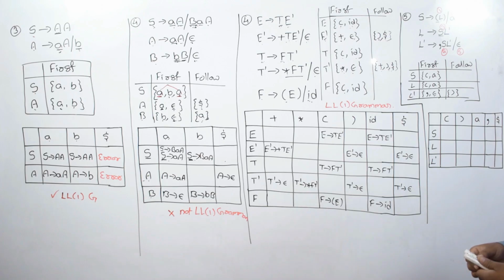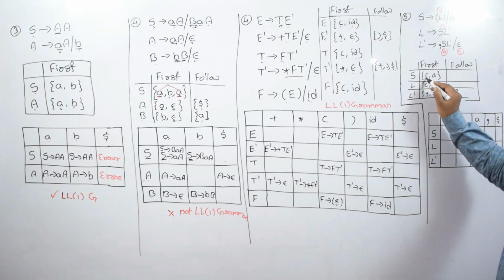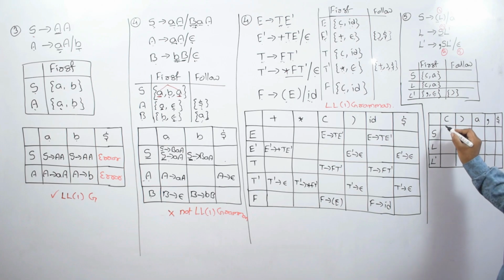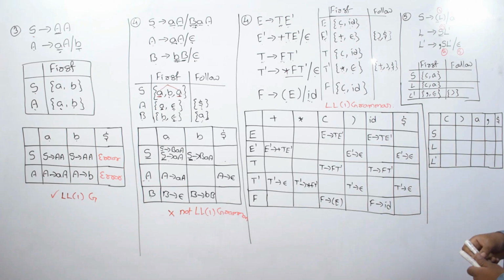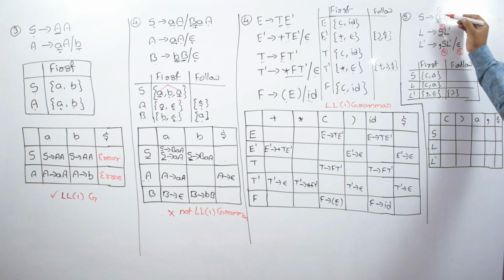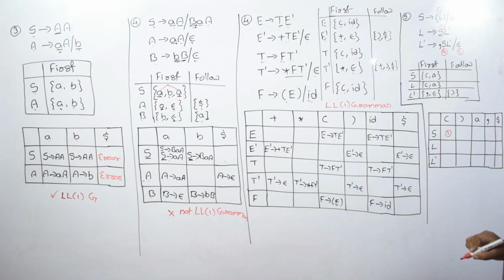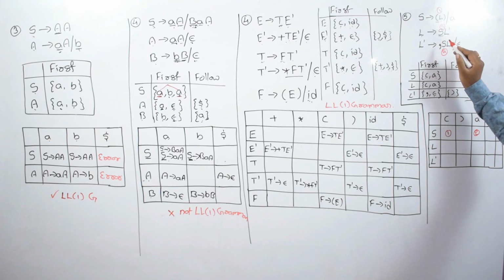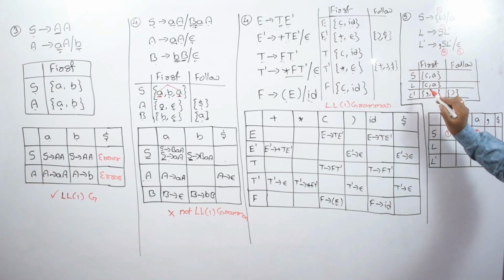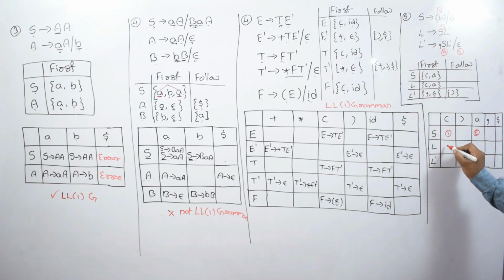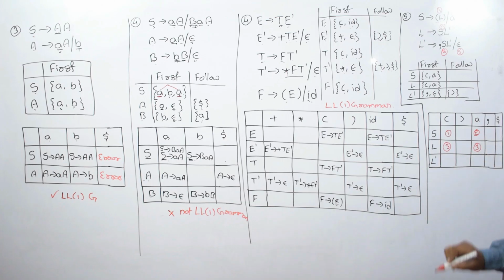Now, let us try to fill this table. So, this you got from this one. So, under open brace the first production we are going to use. So, production number 1, then under A also, under A the second production actually, okay, second production. Then next, if you take L, under open brace the third production we are using, even under A also we are using the third production.